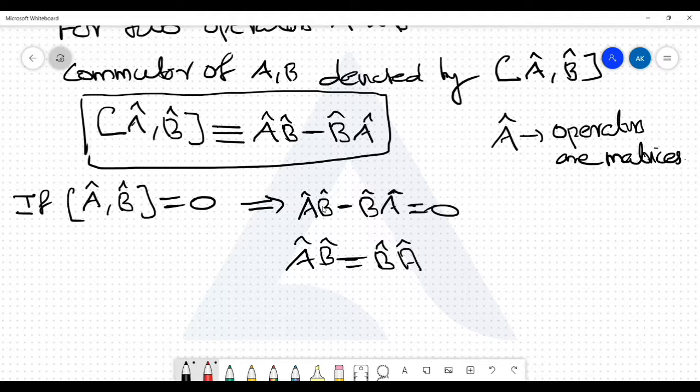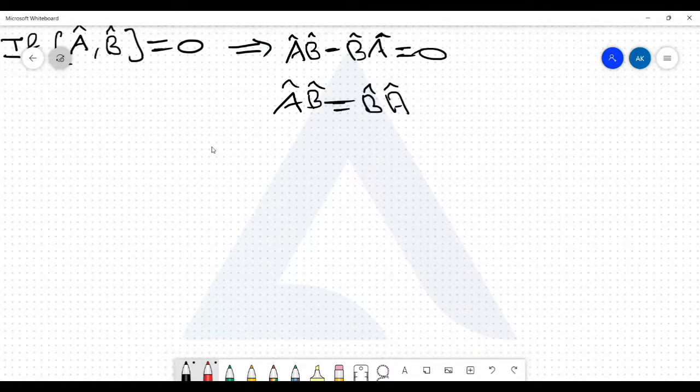Okay. There is also physics behind this commutator. If the commutator of two operators is 0, it means they can be simultaneously observable.